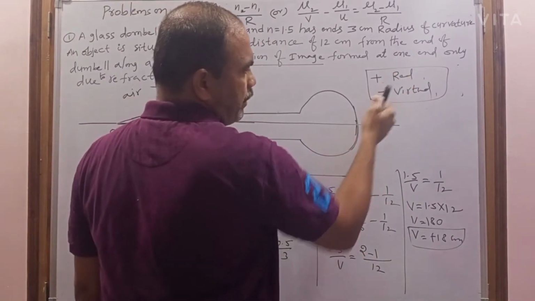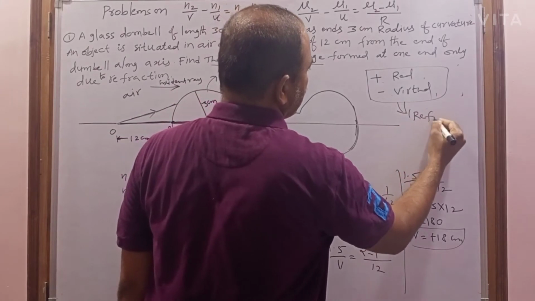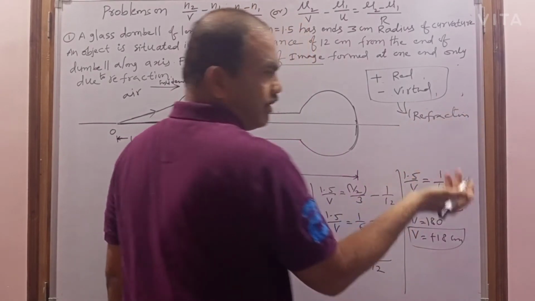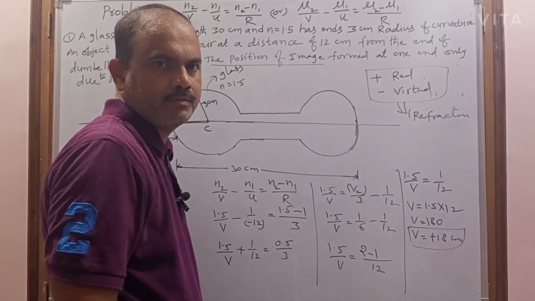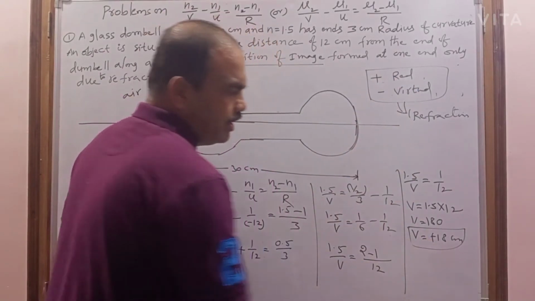Plus means real, minus means virtual. This is applicable only for refraction. But in case of reflection, it is the reverse. So that's why you get which type of image? It is a real image.